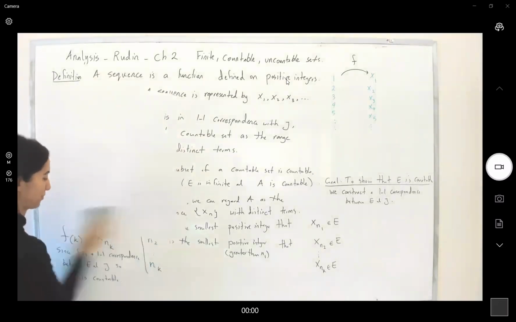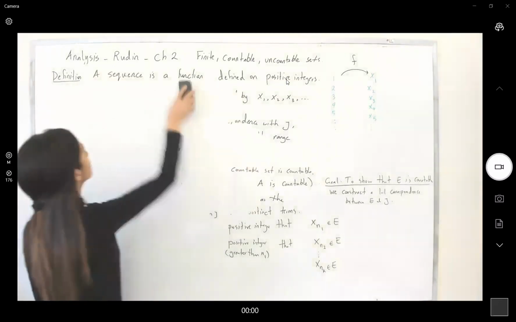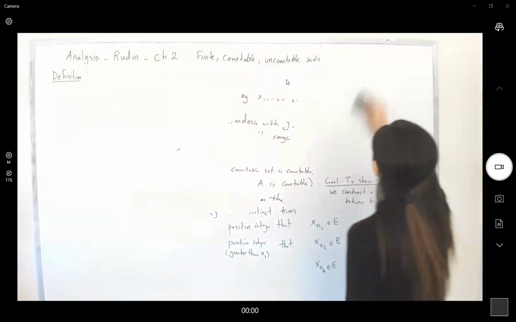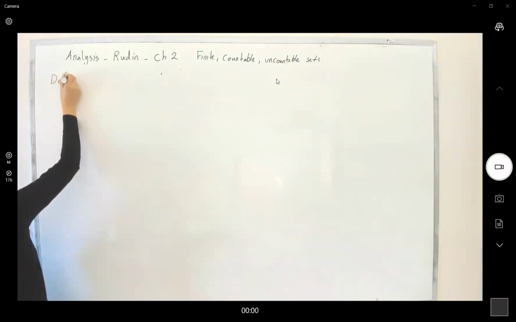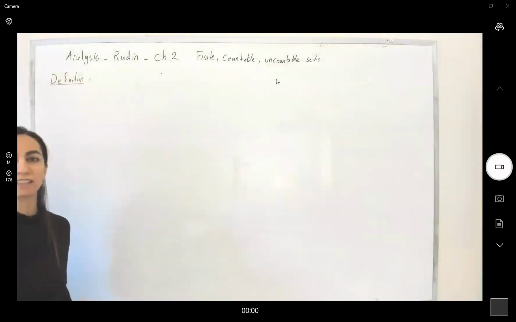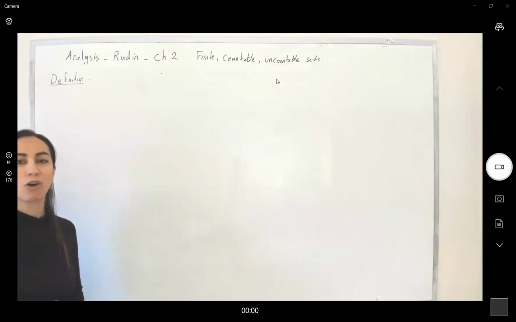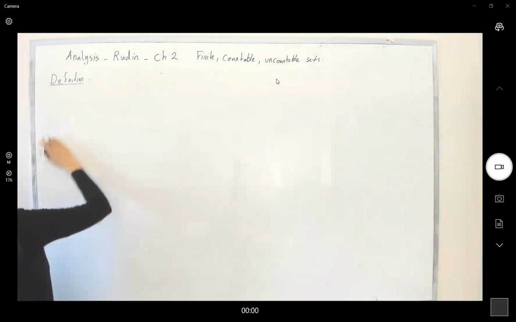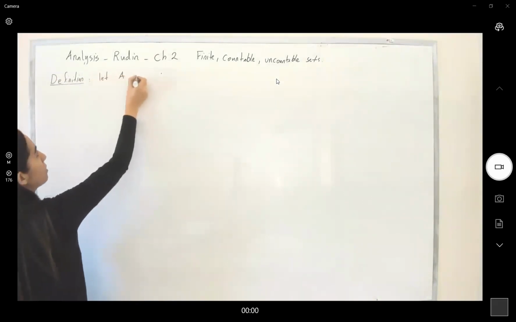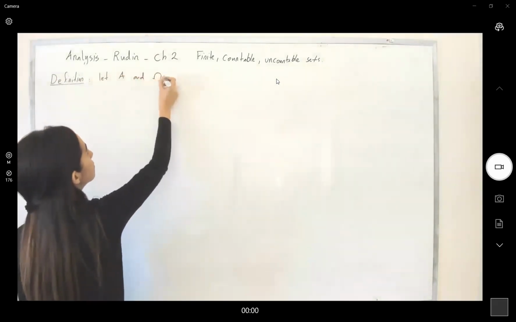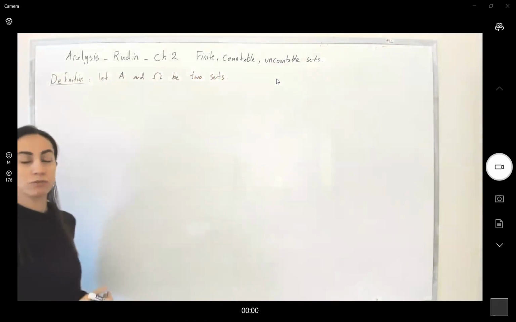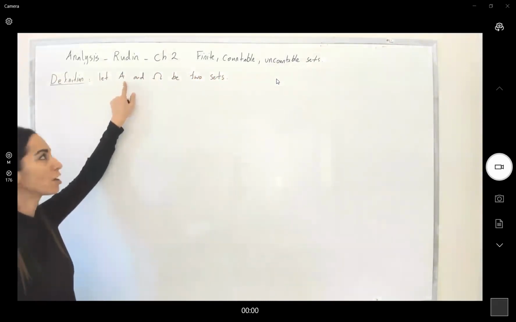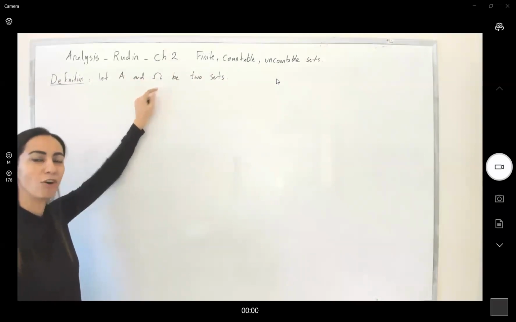Next definition. Now we're going to define the union and intersection of sets. Before that, let us define the family or collection of sets. So let A and omega be two sets. What we're going to do is take elements of A and connect them with subsets of omega.